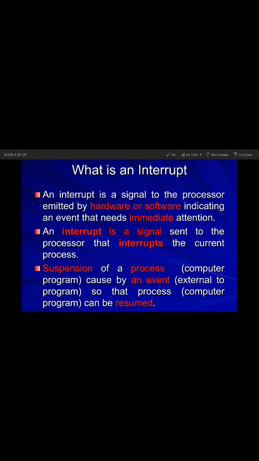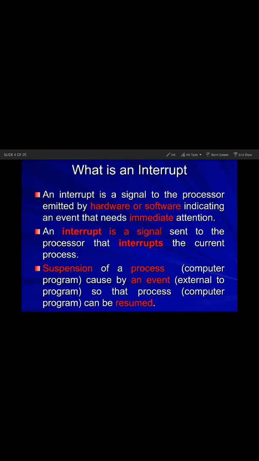Now we start reading the literature definition of interrupt. What are the definitions of the interrupts? They are available in the literature or in the books. The first definition is: an interrupt is a signal to the processor emitted by hardware or software. It is a signal. Who generates this signal? Either a hardware can generate this signal or a software can generate this signal.